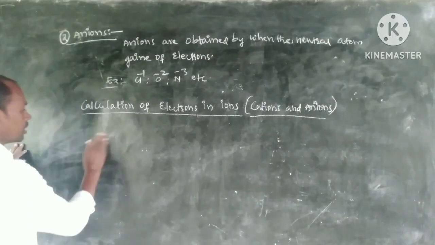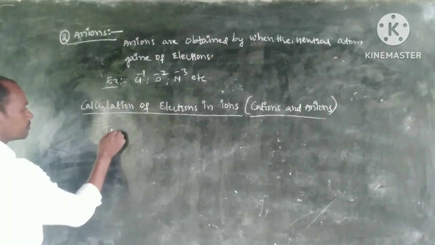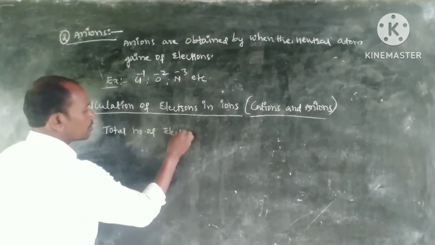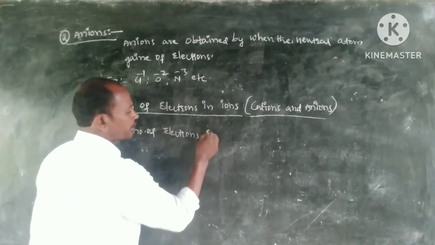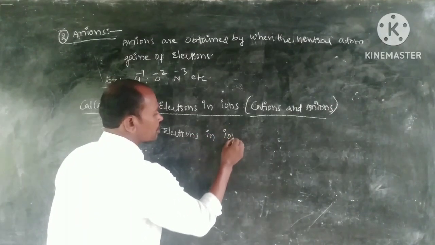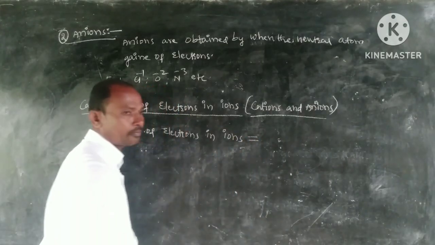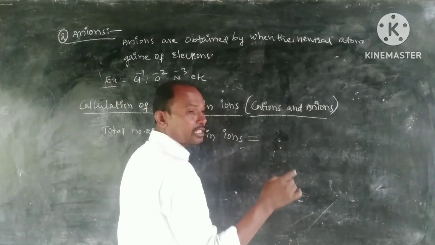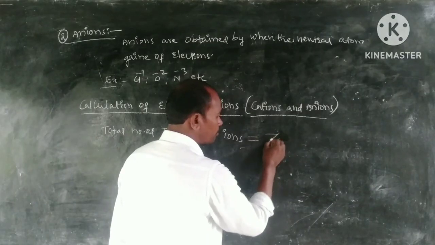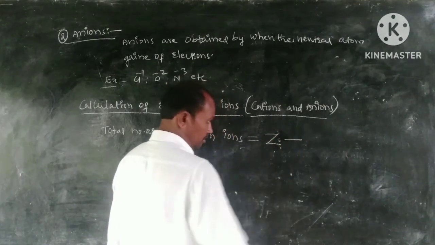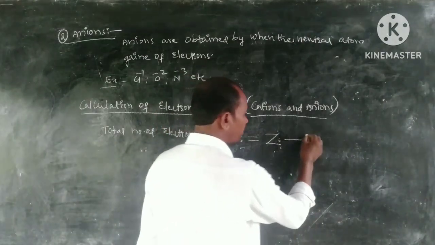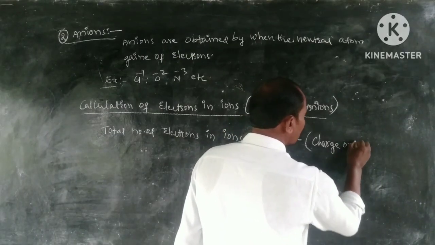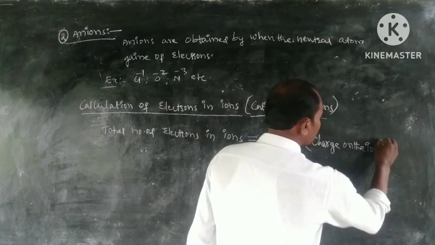That principle is: total number of electrons in ions is equal to the atomic number, indicated by capital Z, minus the charge on the ion.